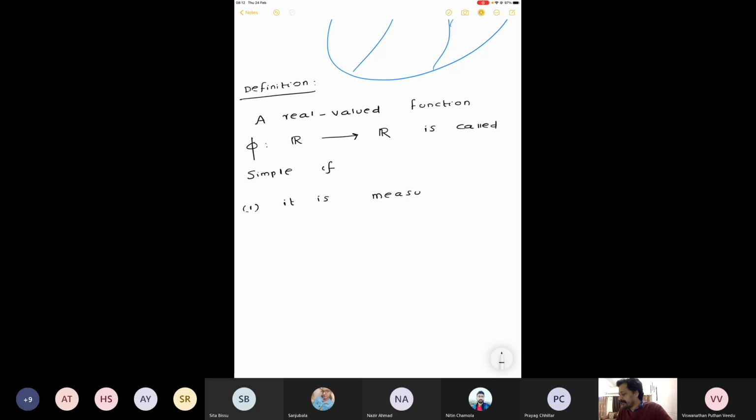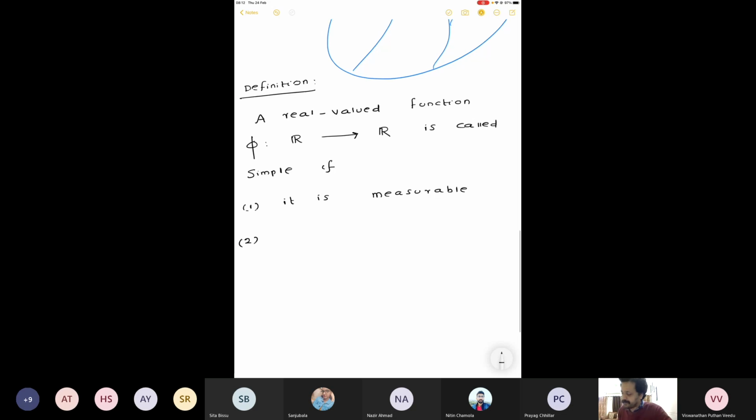If you see some textbooks, they may not impose this condition. So wherever I say simple function, they will say simple measurable function. So I will include measurability as an inherent part of simpleness. To call a function simple, first of all, it is measurable.